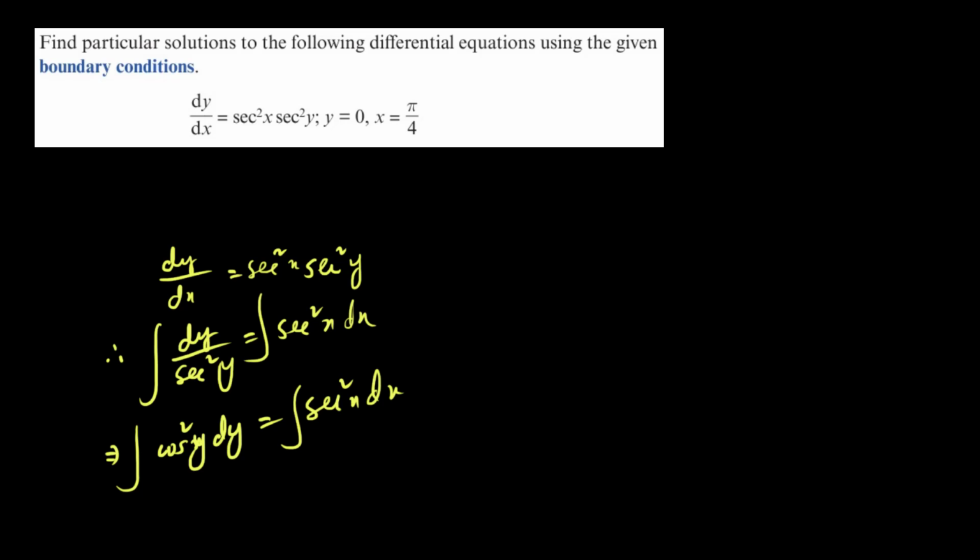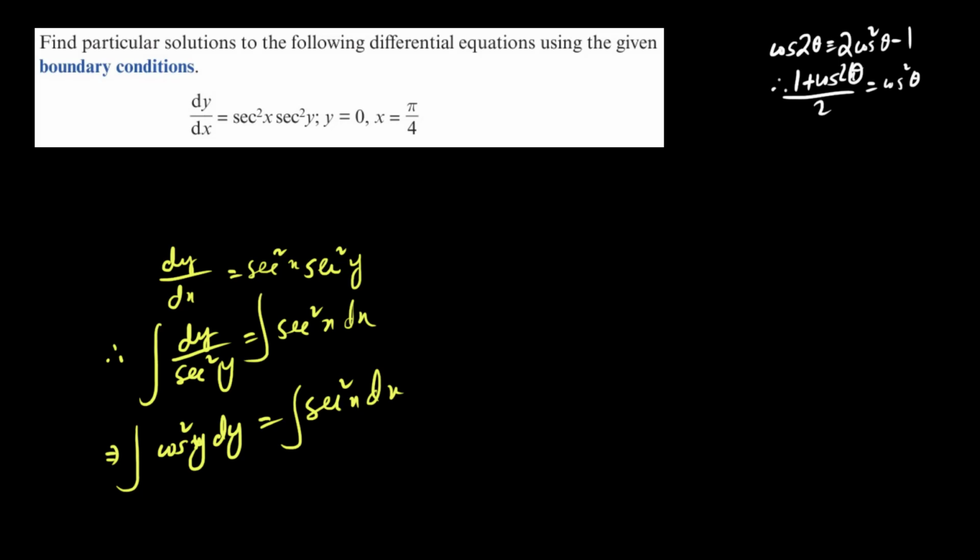Now we know we cannot integrate cos squared y because this power format cannot be integrated by the fundamental rule of calculus, but we have the double angle half angle identity that we can use. We know cos 2 theta is identical to 2 cos squared theta minus 1. From that we can write (1 plus cos 2 theta) divided by 2 is the same as cos squared theta.